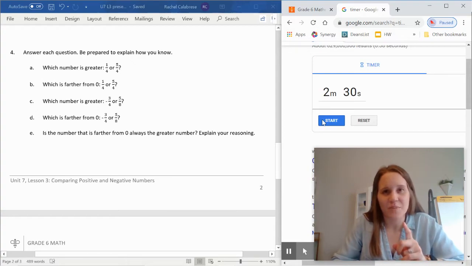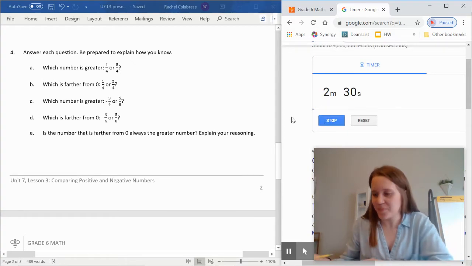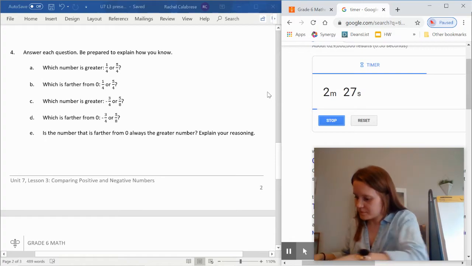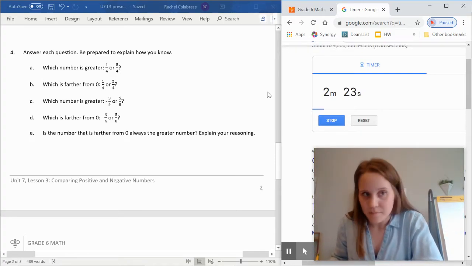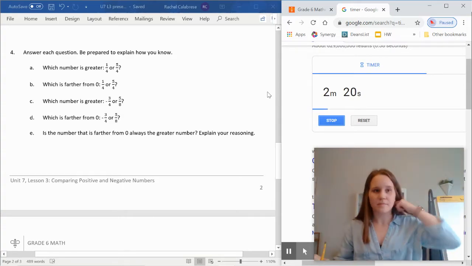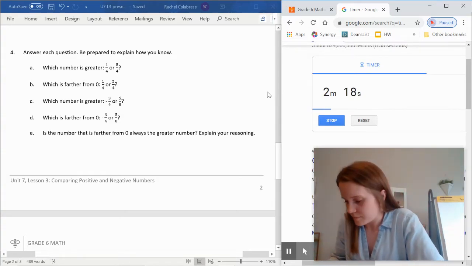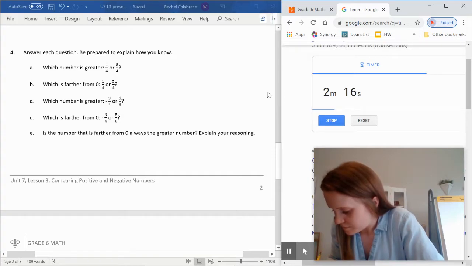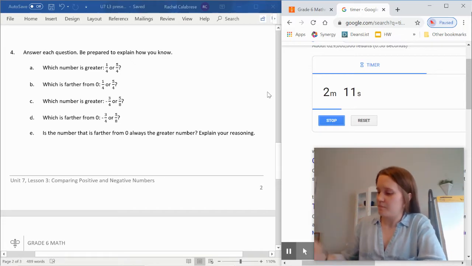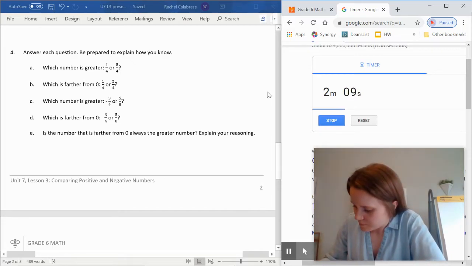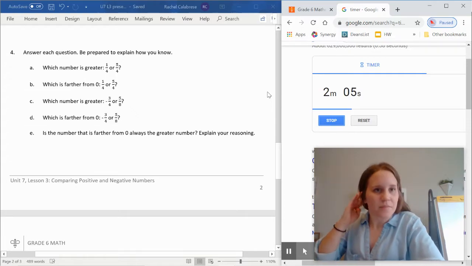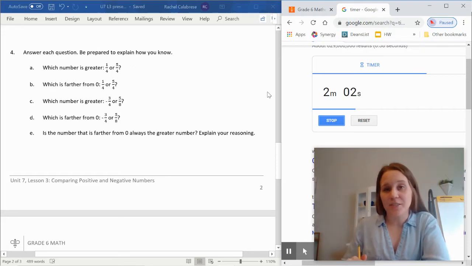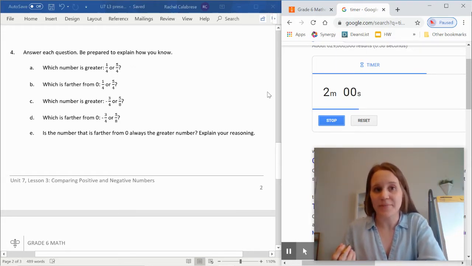My suggestion would be to draw a number line. Go. This question says, folks, be prepared to explain how you know. It's okay if you don't write it.